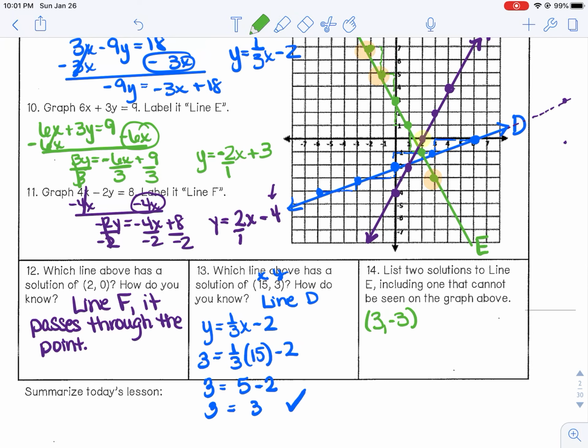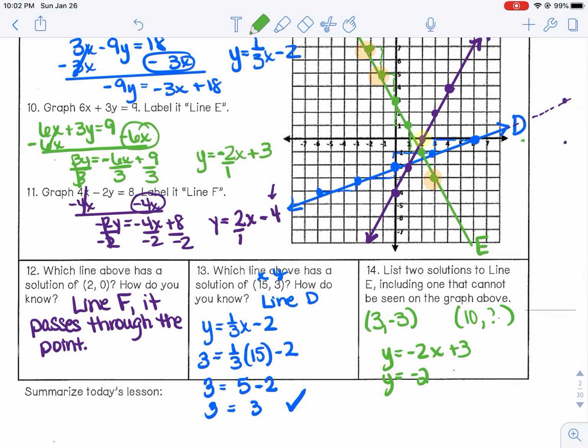All right, it says let's pick another one that's not on the line. So one that's not on the line, let's see, our x-axis goes all the way out to 8. Let's try 10. So 10 would be out here somewhere. So I'm going to try 10 for x, and we're going to find out what y is going to be. All right, so the equation is y equals -2x plus 3.